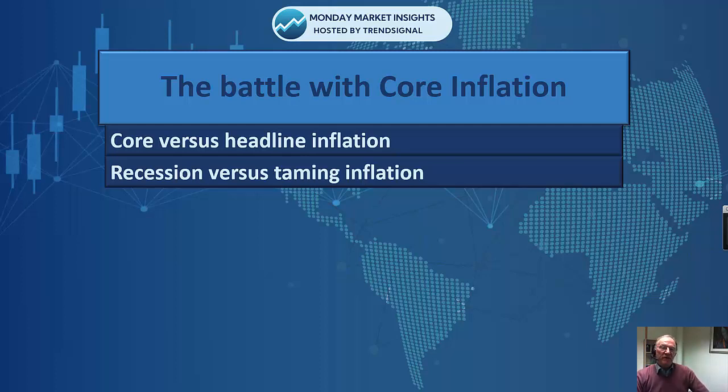The headline rate's important just to see that the momentum has shifted to a slowing in price rises, which is important for the Federal Reserve. But at the same time, it's the core, almost hardwired inflation rate that really concerns the Fed the most.